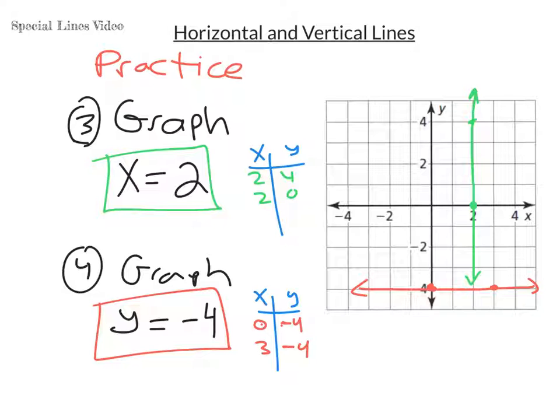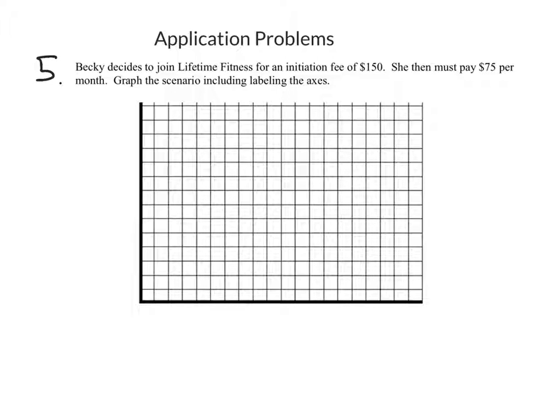So I graphed my x equals 2 in green. I chose 2 points, (2, 4) and (2, 0), and then connected them to make a vertical line. And then y equals -4, I graphed in red, and you can see it down here, a horizontal line at y equals -4.